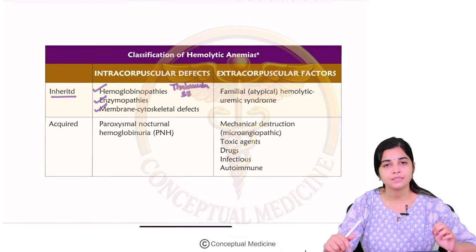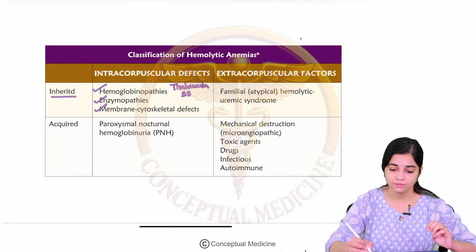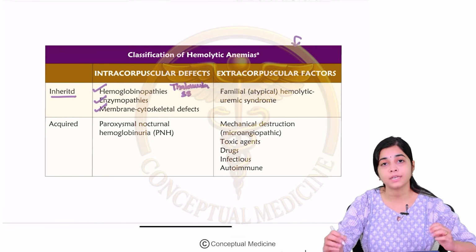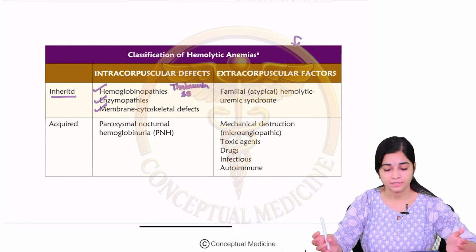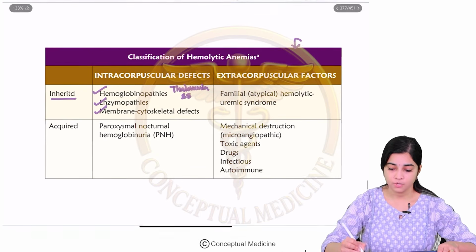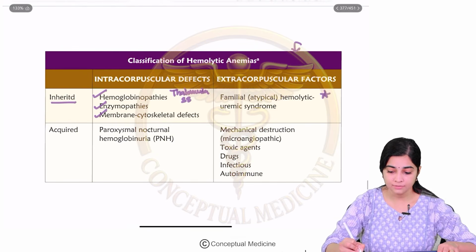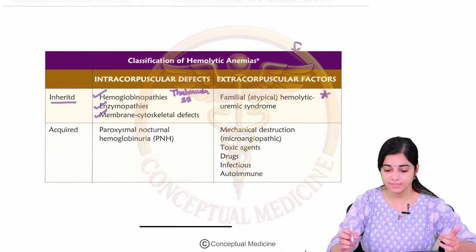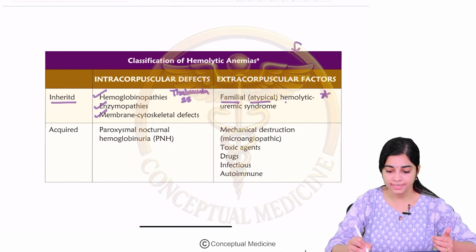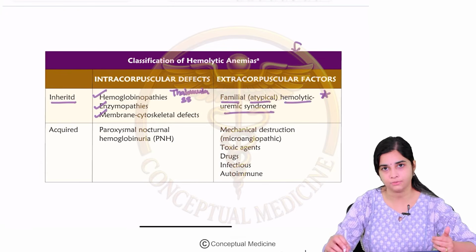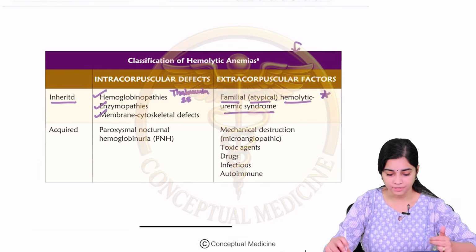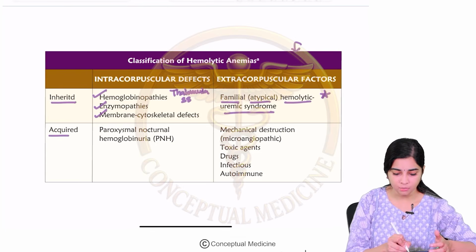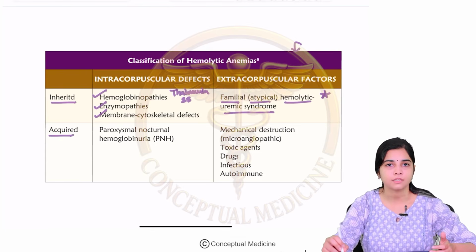Then there can be certain inherited defects which usually occur with extracorpuscular factors as well. So, what is that one inherited syndrome which predisposes to hemolysis because of extracorpuscular defects? This is the familial or atypical hemolytic uremic syndrome. Alright, clear? Fine. Now, let us look at the acquired causes for hemolytic anemias.